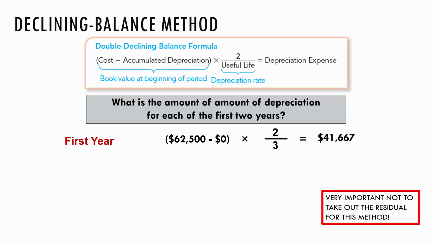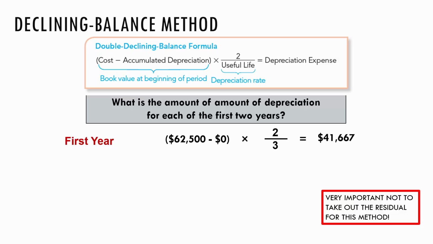This number is technically not 41,667. I believe it is probably 41,666.67, and if we rounded it, it'd be 68 cents. So you see, it has to do with at which point you round the numbers, right?